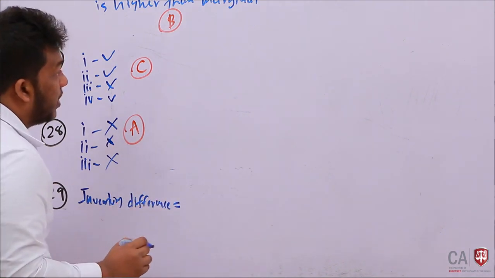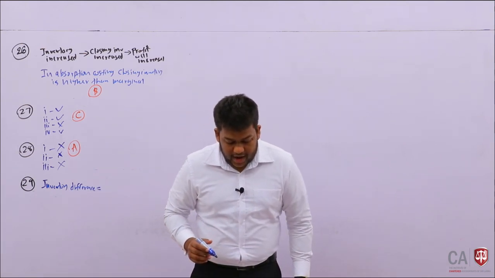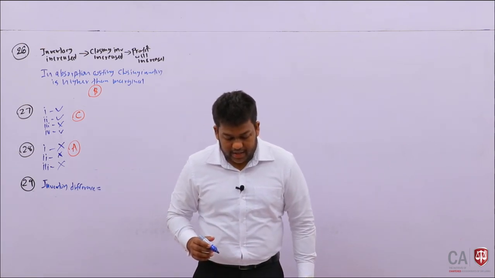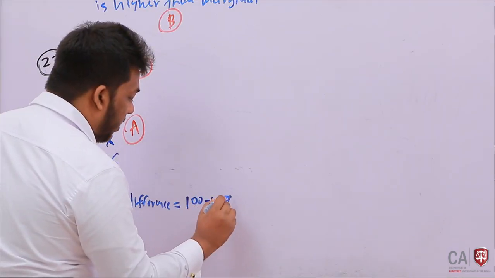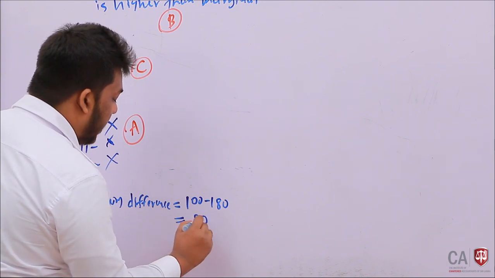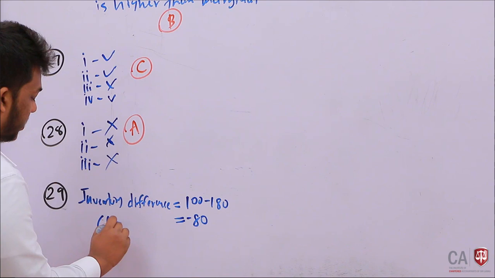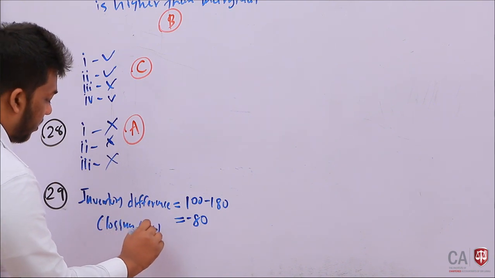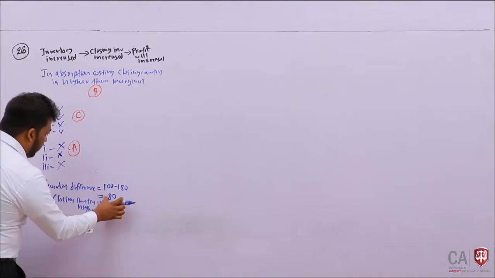Opening inventory 100, closing inventory 180. So the inventory difference is 80. Closing inventory is higher by 80.